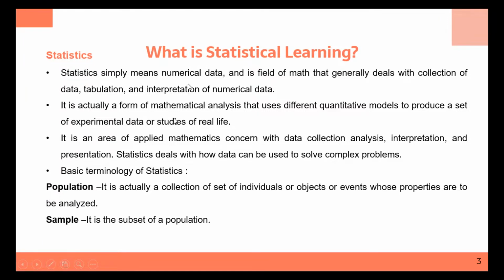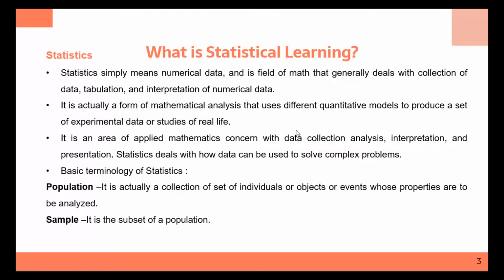A form of mathematical analysis that uses different quantitative models. I hope all of you can make out the word quantitative. There are two words you can understand together: quantitative and qualitative. Quantitative is where the study will be on the quantities, and when we say qualitative, we study based on the quality of data.